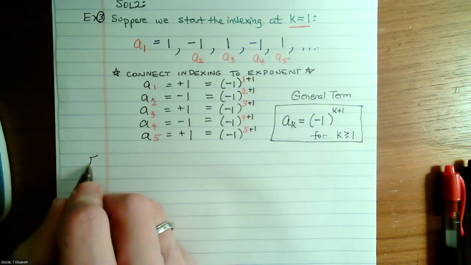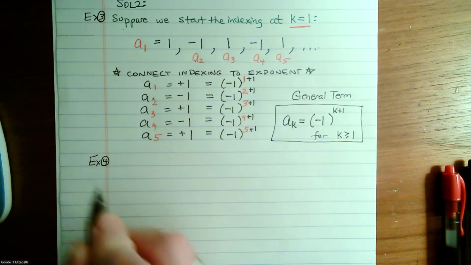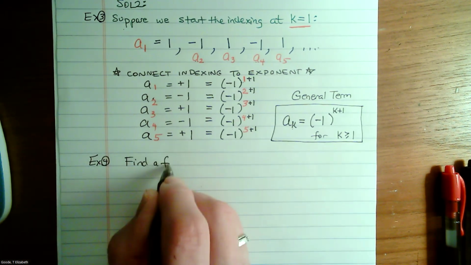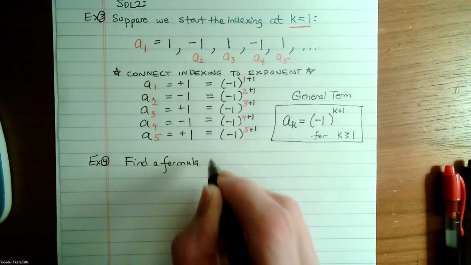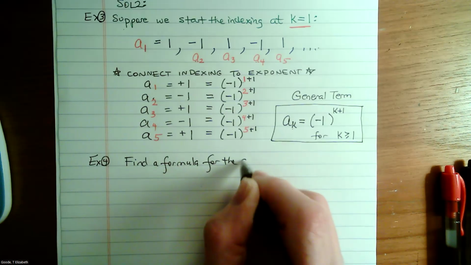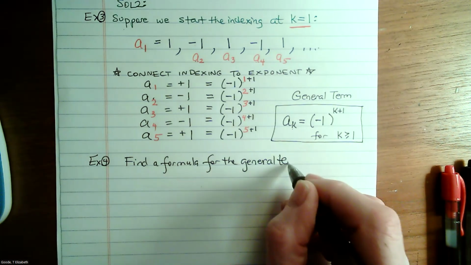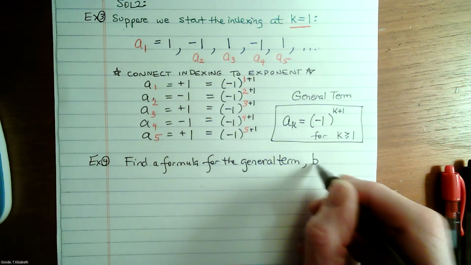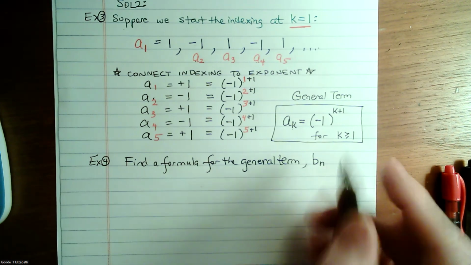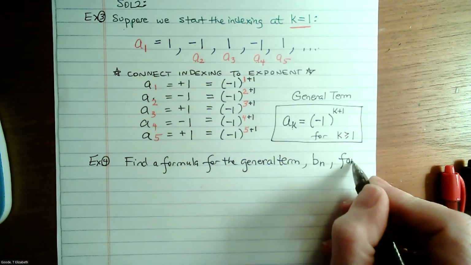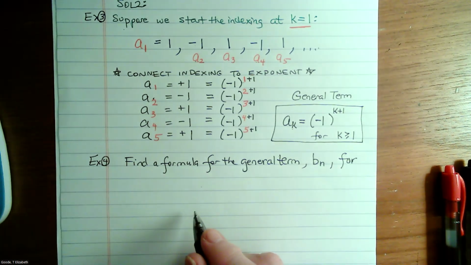Let's do another one. Let's find a formula for the general term, and this time I'm going to change the name, B sub n. So we'll use some B's for a while. In fact, A's, B's, C's, D's, E's, and F's are all used to name sequence terms.